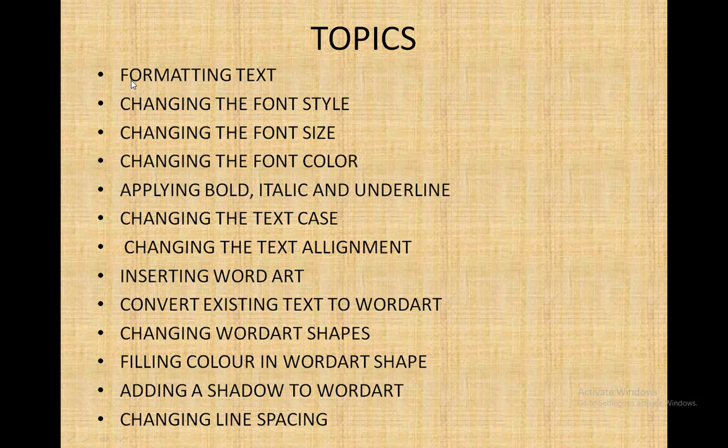Here are the topics we are going to cover today: formatting text, changing the font style, changing the font size, changing the font color, applying bold, italic and underline to the text, then changing the text case, then changing the text alignment, inserting word art, converting existing text into word art, then changing word art shapes, filling color in word art shape, then adding a shadow to word art, then changing line spacing. So we'll see now all these topics one by one in detail.